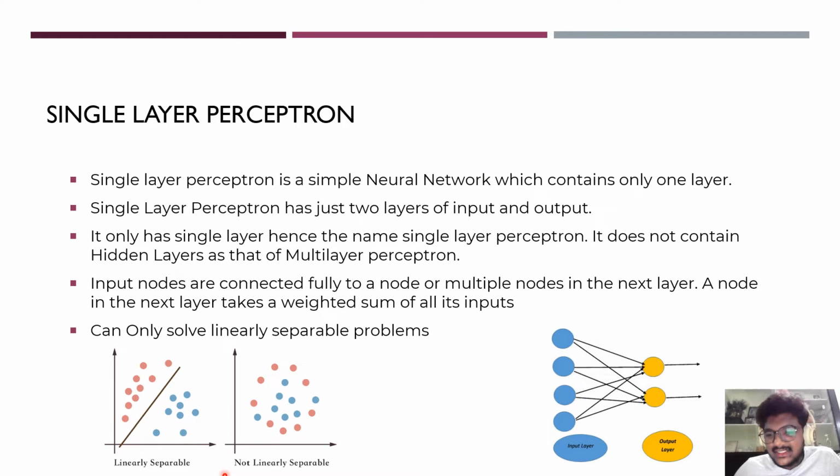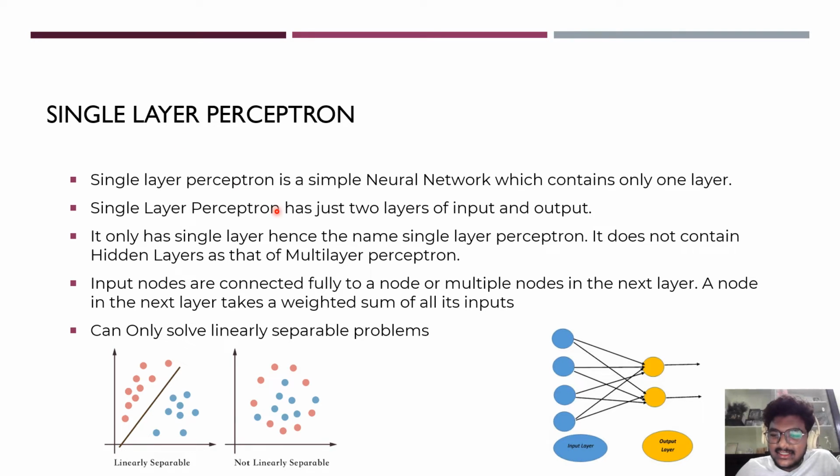Coming forward, let's start to learn about the single layer perceptron. A single layer perceptron has just two layers, input and output. We might be wondering why it is named a single layer perceptron when it has two layers. But the thing is, we just have one layer where the computation takes place.